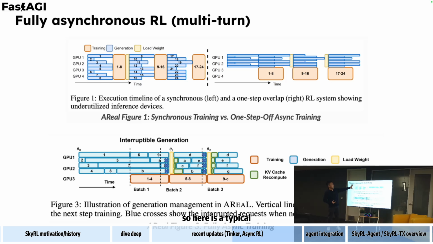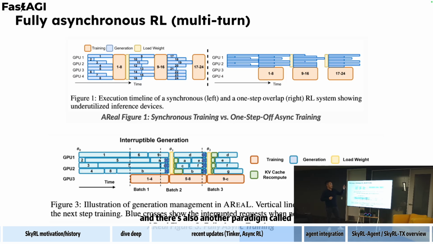Here is a typical paradigm called synchronous RL, where blue is generation, orange is training, yellow is loading weights. One thing to note is that both training and generation are co-located on the same set of GPUs. After generating the rollouts, we train and then update the weights, then offload the training and load back the vLLM or SGLang engines and generate again.